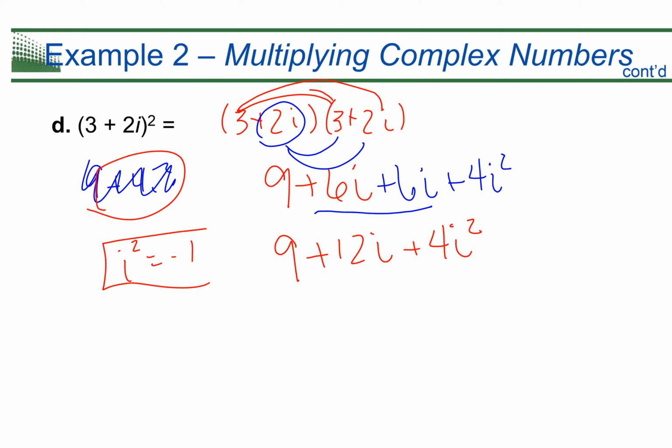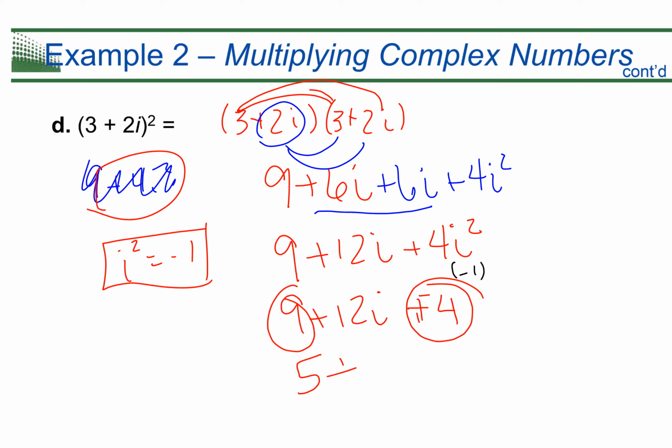Hopefully the more we write that and the more we say that, we'll remember it. So I'm going to plug a negative 1 in right here. 9 plus 12i minus 4. 4 times negative 1 makes a negative 4. If you like, I can say plus negative 4, same thing. Add my real parts together, and that gives me a 5 plus 12i.